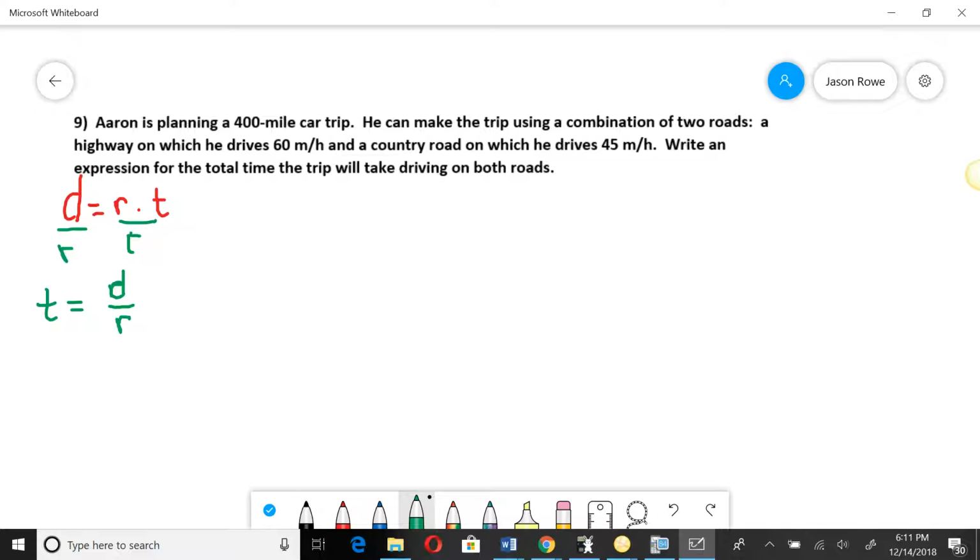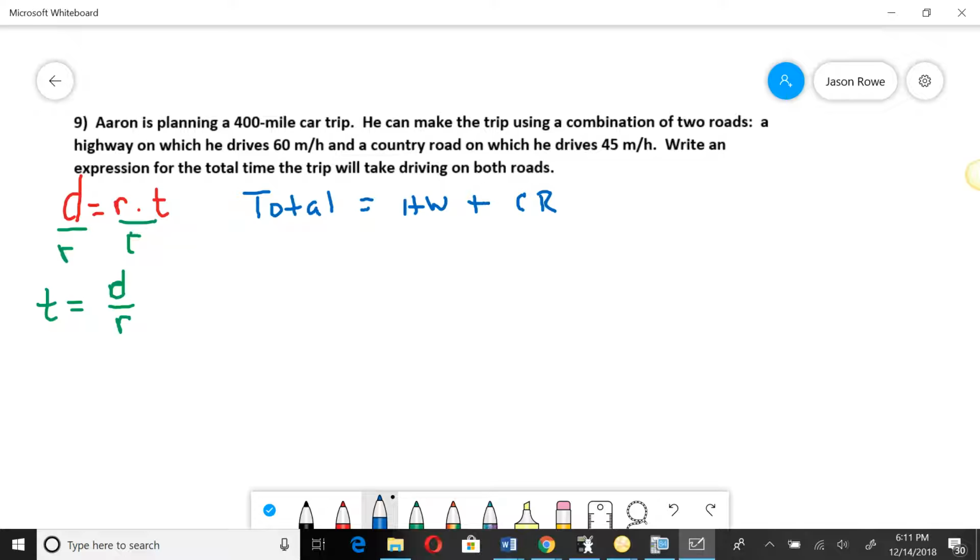Now the total time, this is the other thing we got to know here. The total time will be a combination of the highway and the country road. So how do we find the time for each one?